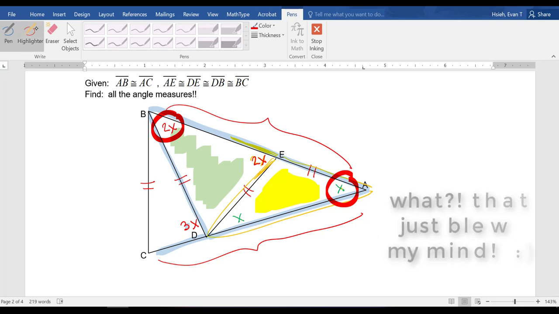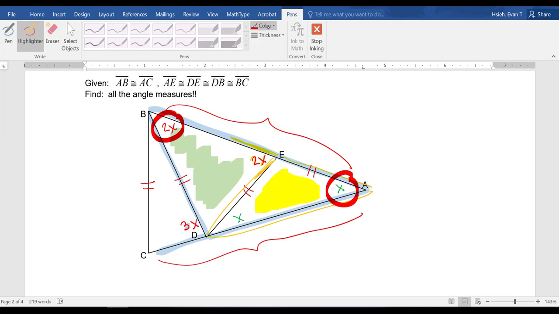And now bring your eyes over to this triangle right here. That is also an isosceles triangle with these as your sides. This is the other base angle, so it's got to be 3x.